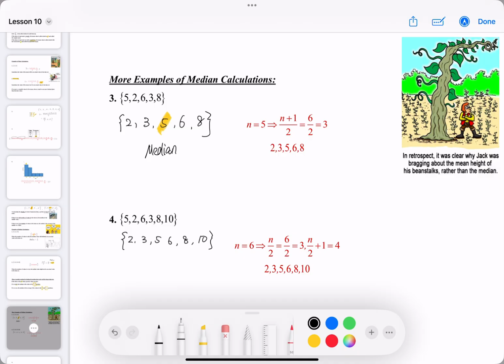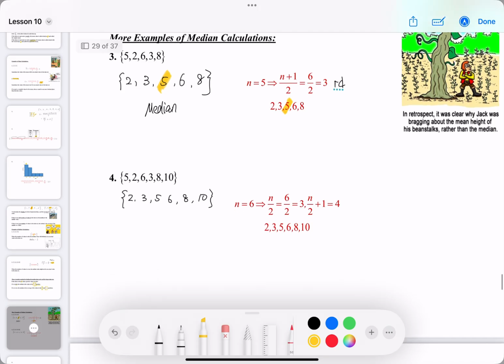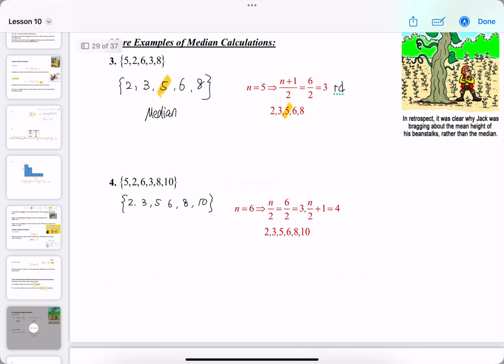And if I use the formula, in total we have 5 values, so 5 plus 1 divided by 2, that's 6 over 2, we have 3. But here, the 3 is not our value or median. We are looking for the third position. Which is the third position? 5.